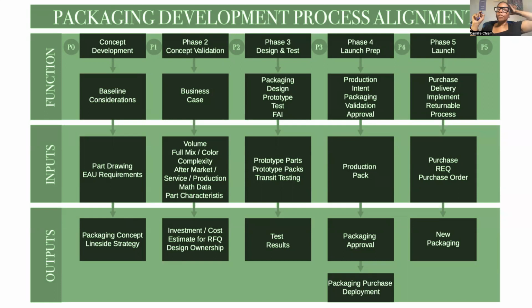So for example, you're going to work with purchasing to make sure that the suppliers that they use for packaging are approved and in line and they have the right pricing. But you also will be working with purchasing and maybe even what's called the commercial team, because the suppliers are going to be giving you packaging proposals.